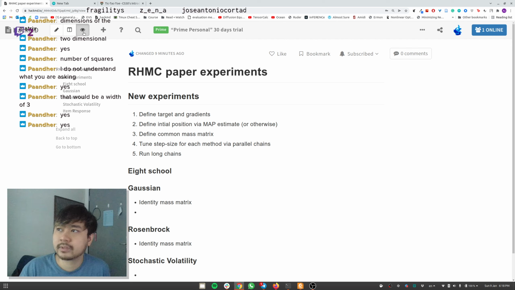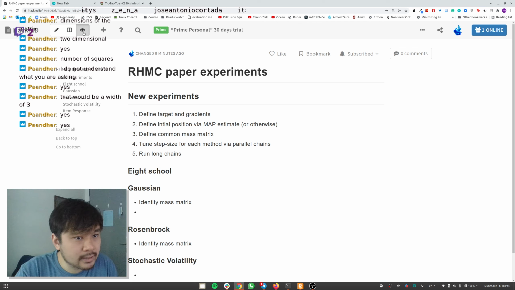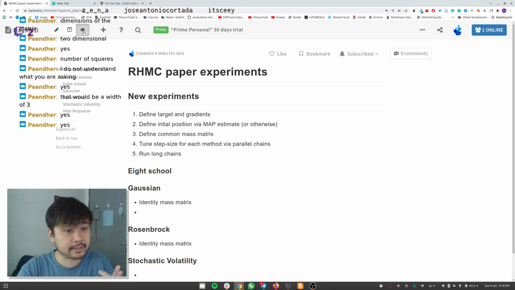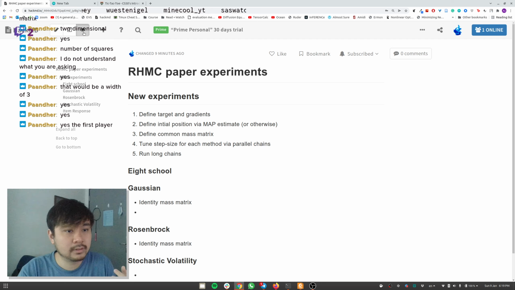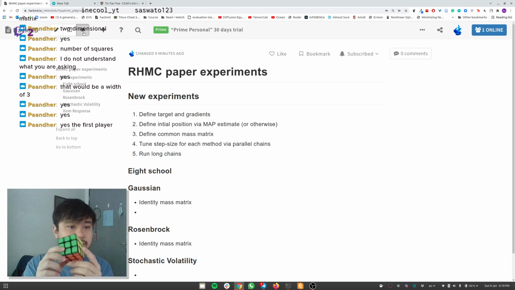Okay. X, and I assume X means the first player, not the second player. Yes, the first player. Okay, so let's say this is a 3-dimensional width 3 tic-tac-toe.